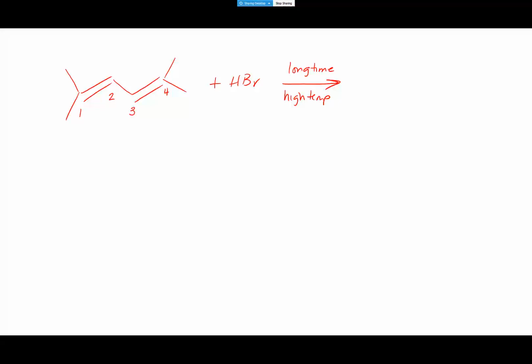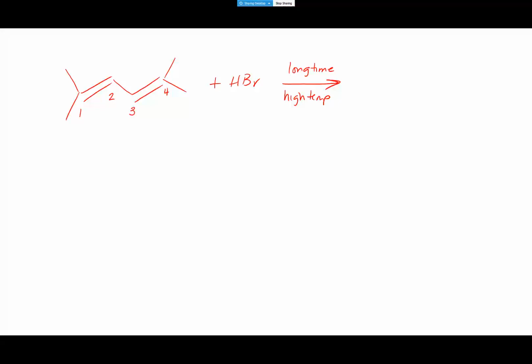Now, before you do that, let me ask a question. What's the electrophile that I'm adding? What am I going to add to the double bond?